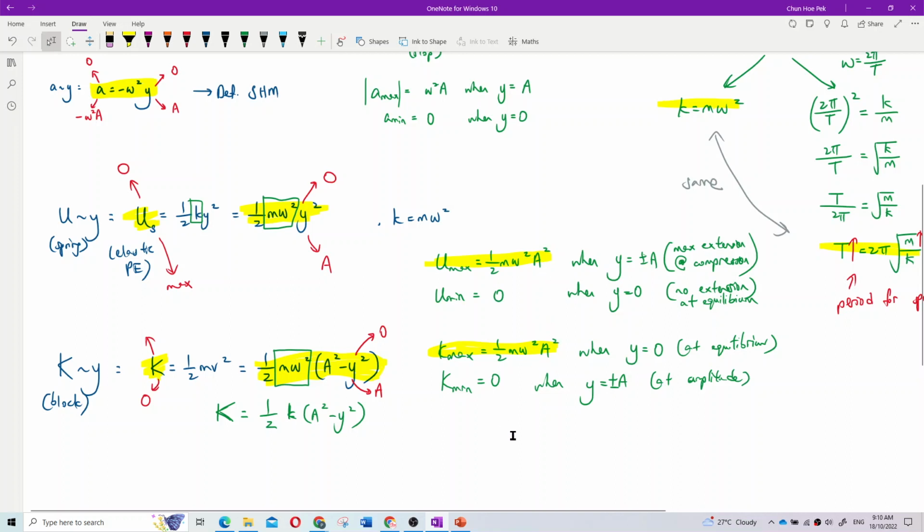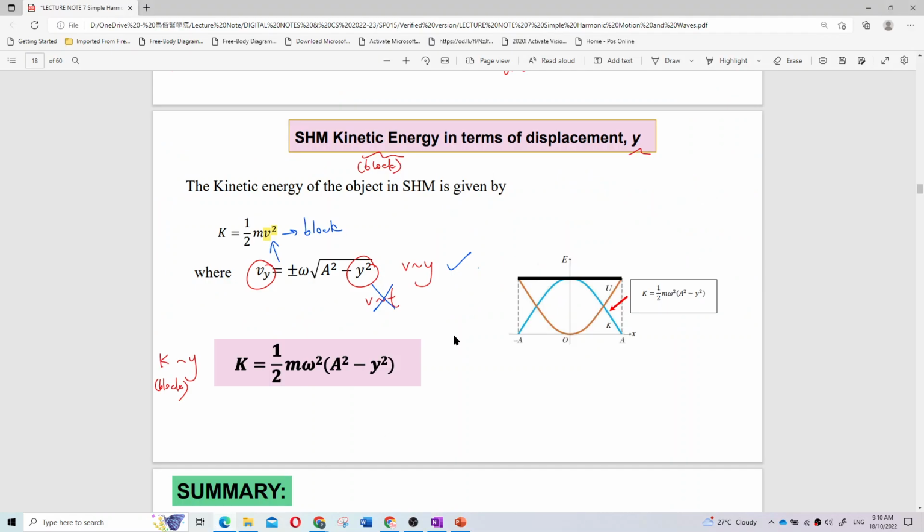So, what does this mean? Look at this graph again. Why does the graph look like this? One is smiling, one is sad. Why? Look, there are 3 lines here. The orange line is the potential energy line. The blue line is the kinetic energy line. The black line is the total energy. That means the total energy is actually potential energy plus kinetic energy all the time.